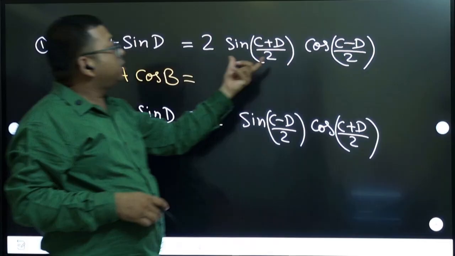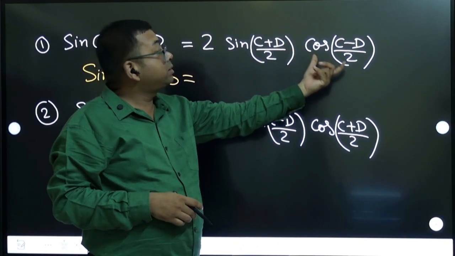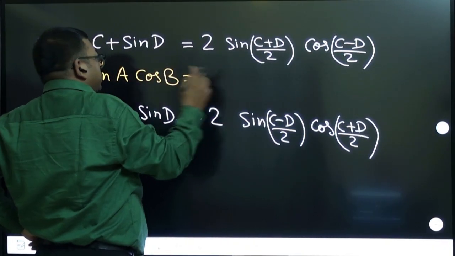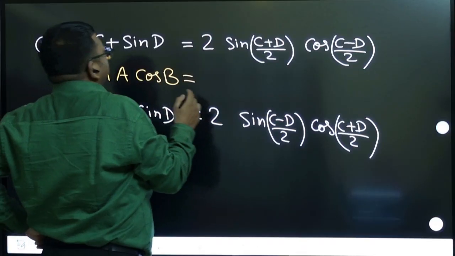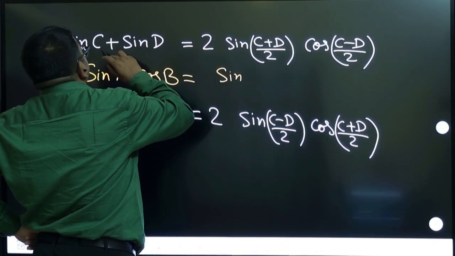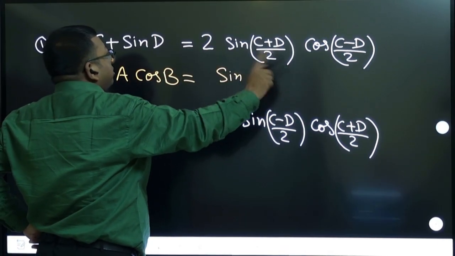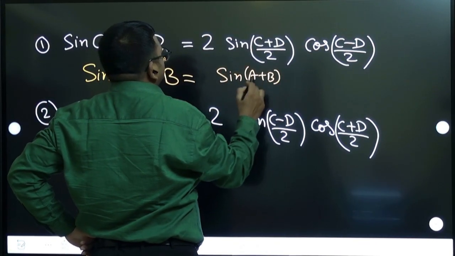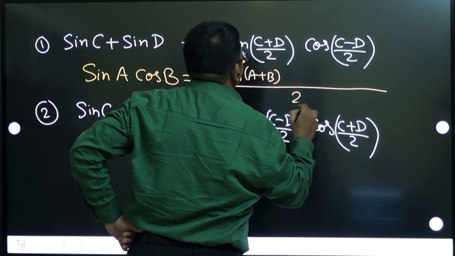I am going to take C plus D as A and C minus D as B. Note that A is larger here. So I will write this as sin of C, which we will get by adding these two, A plus B, and divide by 2, of course.